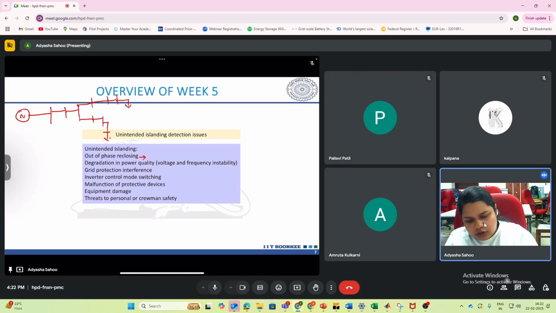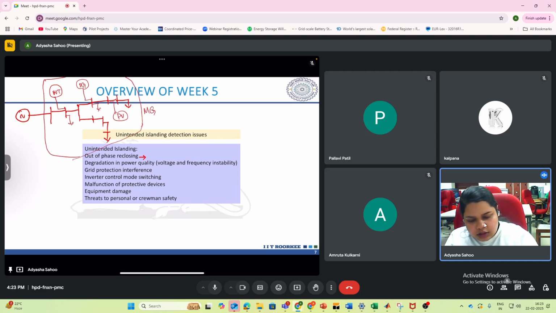Here you have loads at different buses. Then you also have, let's say, your wind turbine, a DG, and a PV. So this is your microgrid.